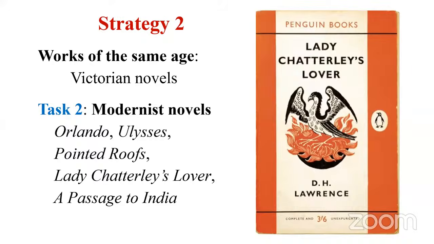When it comes to chronology, if the works or writers from the same age are given, then we are doomed. So focus on works and writers of the same age. That's a trick to approach this type of question. Then here is a task for you. Number 2, modernist novels. I have given a list of modernist novels.